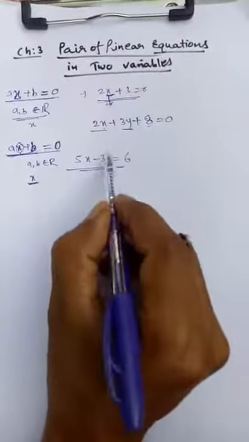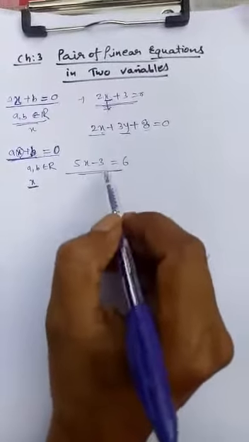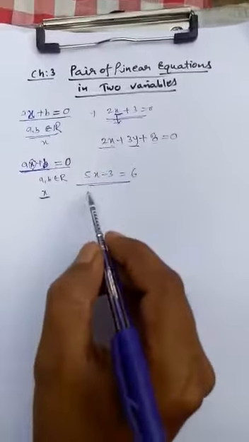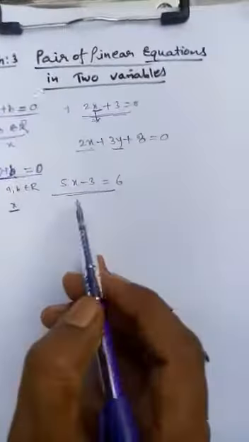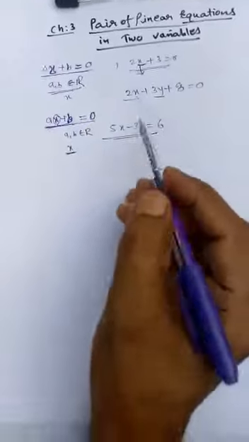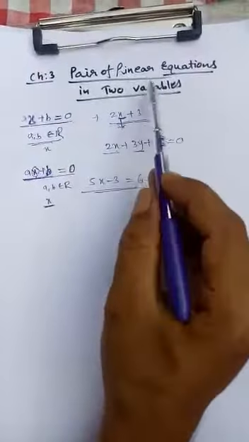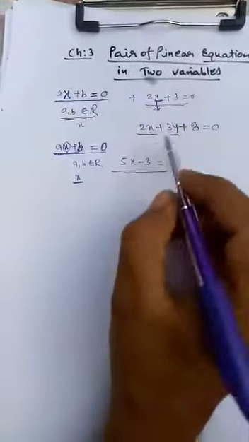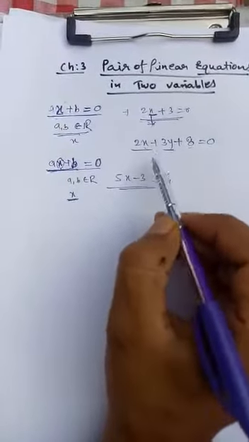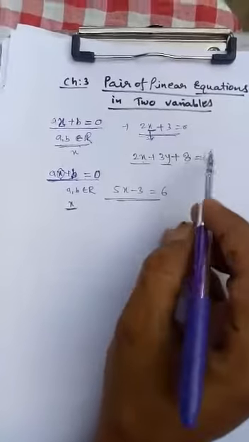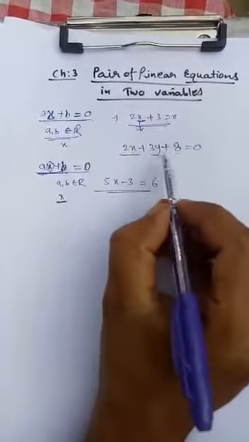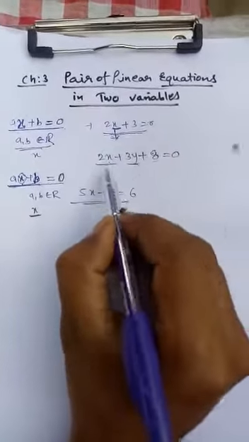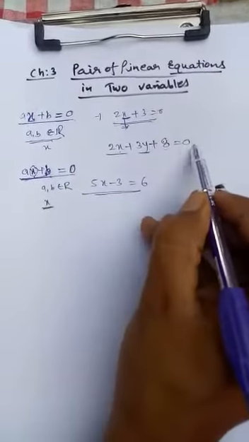The graph of a linear equation in one variable and its properties, addition, subtraction, whatever you have seen in the previous class. Now we have to learn linear equations in two variables. Suppose the equation is clear, we have a similar mathematical statement in two variables, like 2x plus 3y plus 8 equals 0.